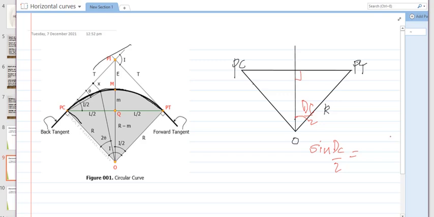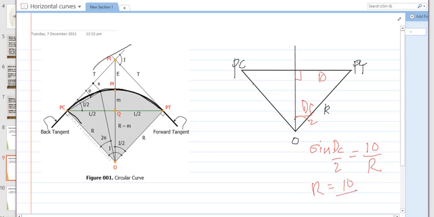So this chord is 20 meters, and half of it is 10 meters. So sine of DC over 2 is 10 divided by R.